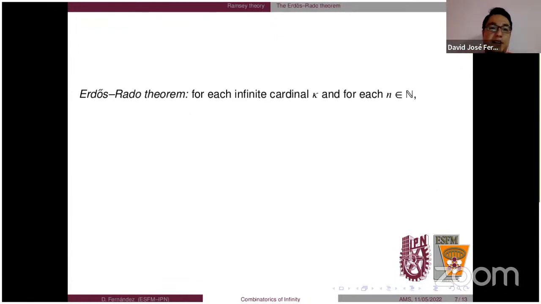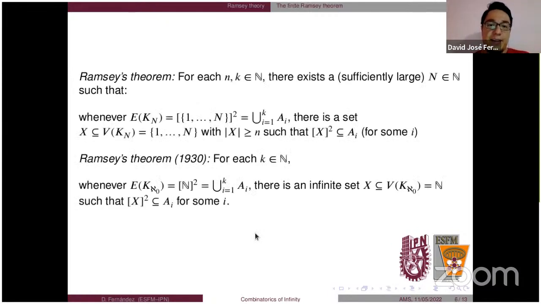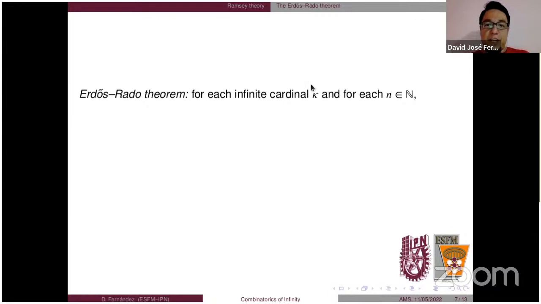The first one is known as the Erdős–Rado theorem. And it's exactly the analog of what was here in this slide of this result. So this time I have, for each infinite cardinal kappa, the desired size of a monochromatic subgraph, and each n, which is the number of colors or number of pieces in the partition.